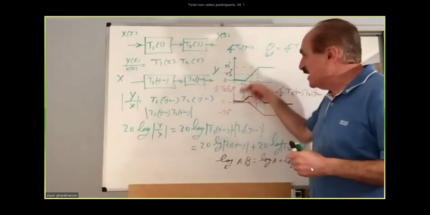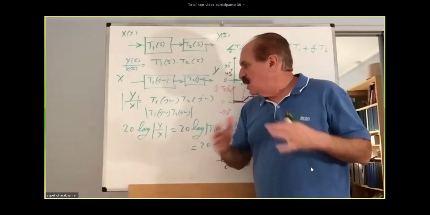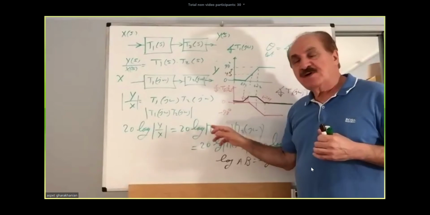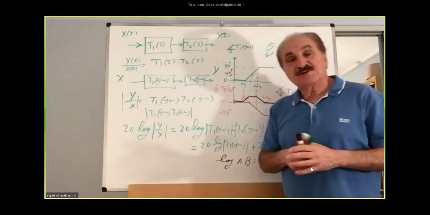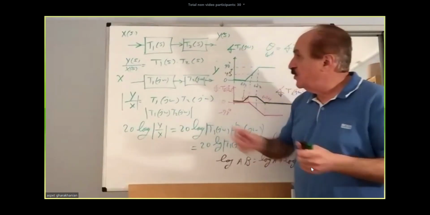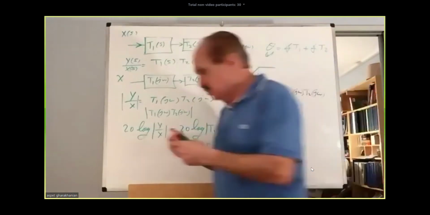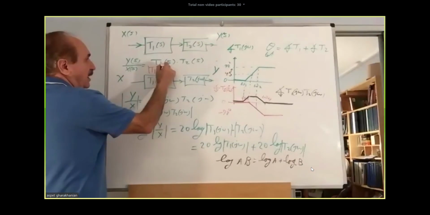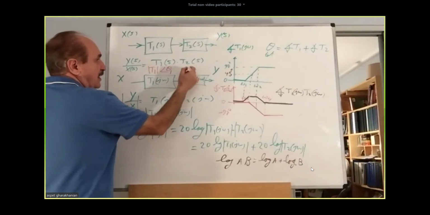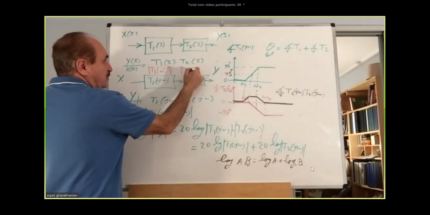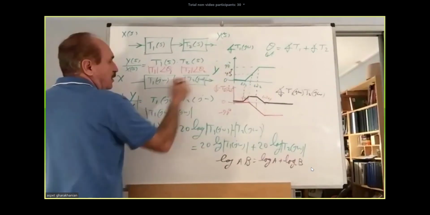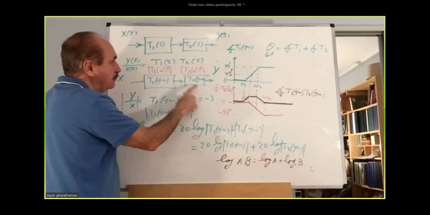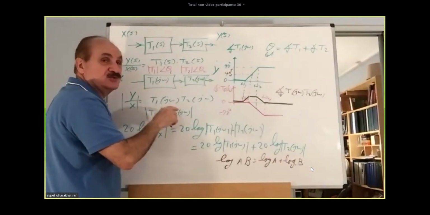For the phase angle, however, it is not necessary to take the logarithm of the angle. You will simply need the phase, because if you're multiplying these two together, watch here: if this has a magnitude of T1 and an angle of theta 1, and that has a magnitude of T2 and an angle of theta 2, when you multiply, T1 times T2 is multiplied, but theta 1 plus theta 2 is added.